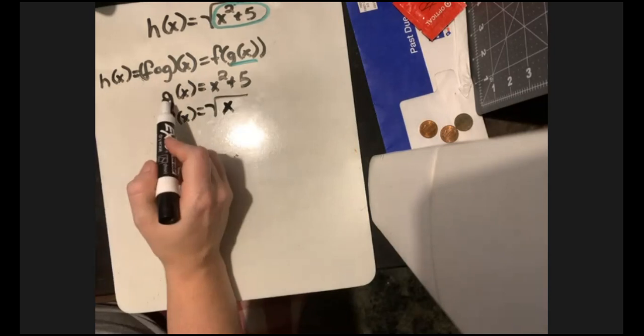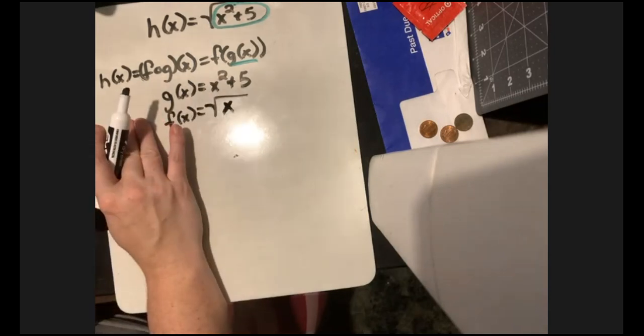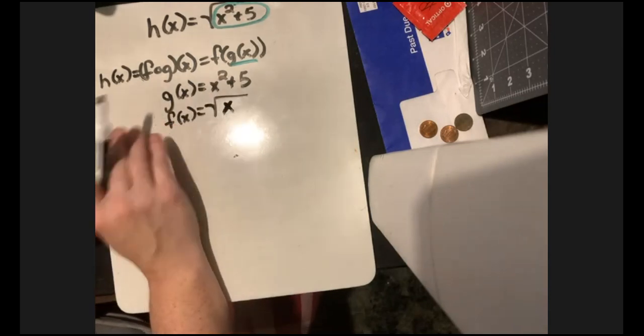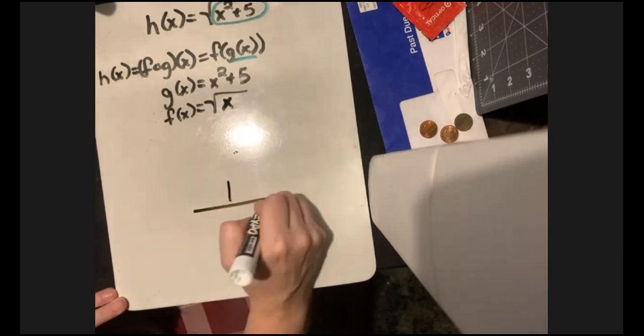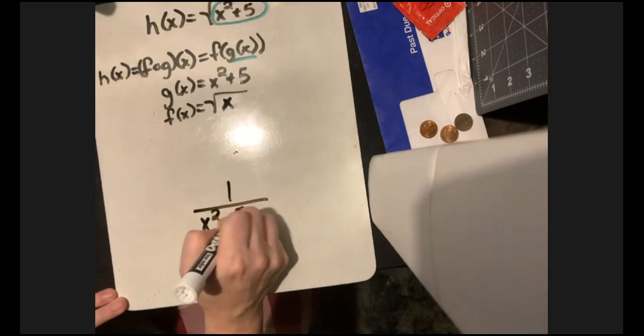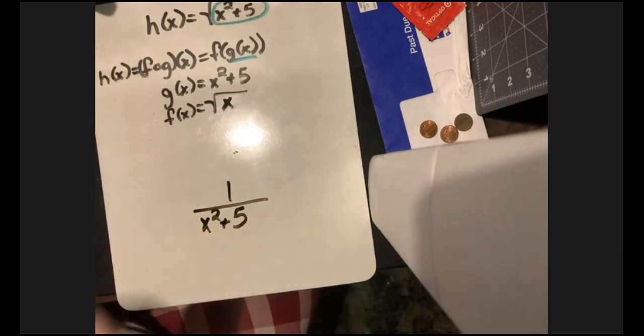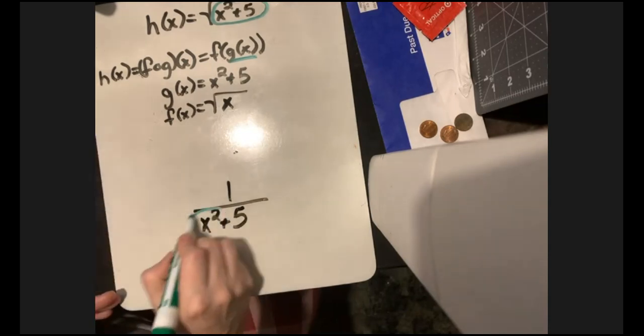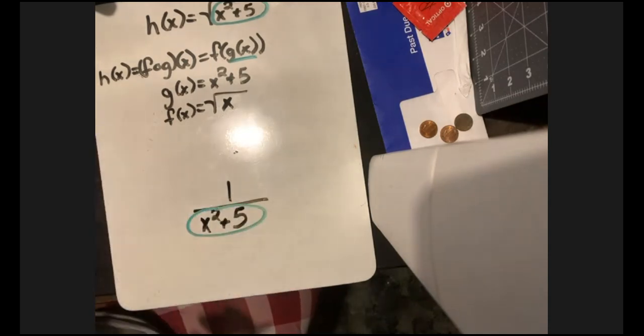Now, this is not the only way that you can decompose this. There are other ways. However, I always look for the cleanest, simplest way. So if, for example, I had something like this where it was a fraction, again, I'm going to cluster all of this together.